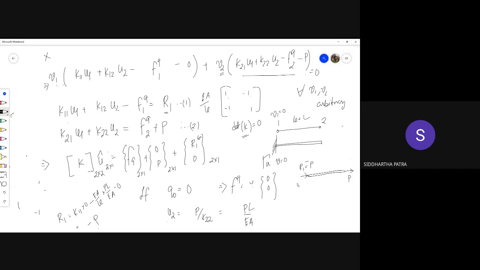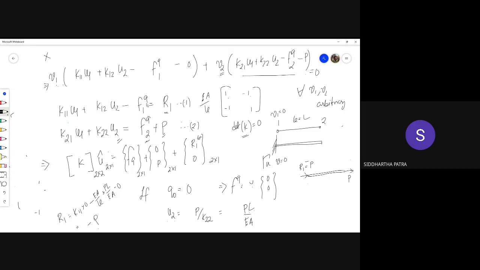Okay, so as it turns out, when we argued that because V1 is 0, whatever V1 is multiplying is not necessarily 0. Can it be 0? Yes, of course it can be 0. If you didn't apply any distributed load, if you didn't apply any concentrated force, it could be 0. Okay, and if you are applying some temperature and there is thermal elongation, then U2 need not be 0.